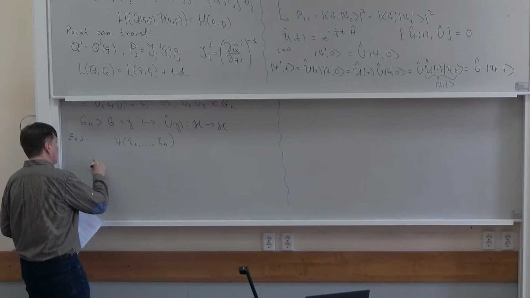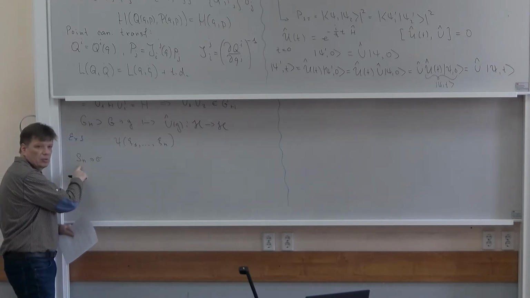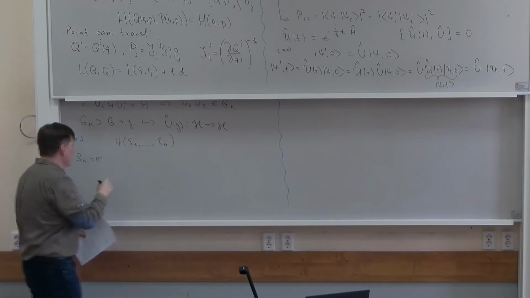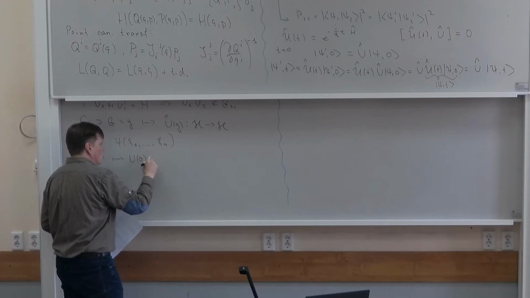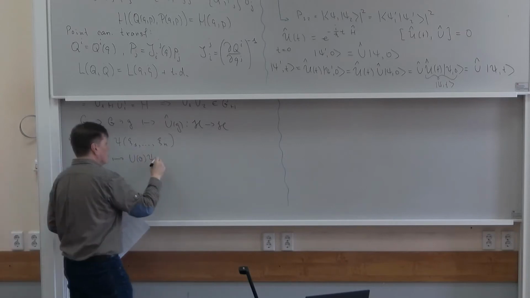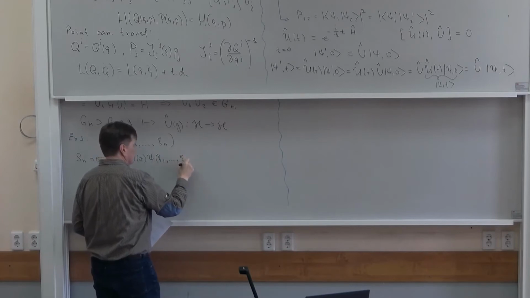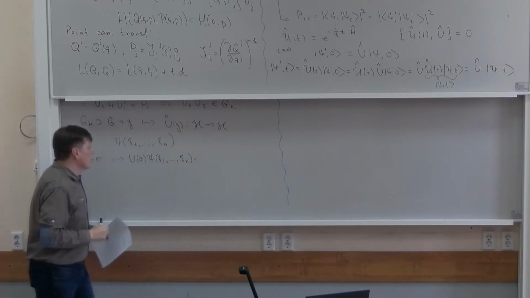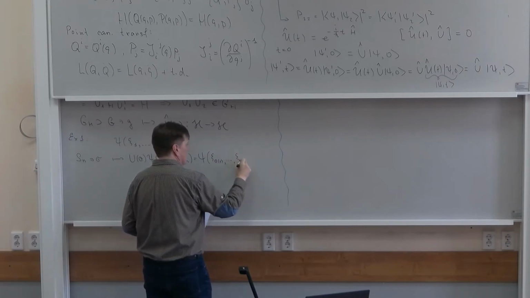So if we take any permutation sigma from the group Sn, the symmetric group, the group of permutations of n elements, then we can associate to it an operator acting in the space of states of the multi-particle system, which acts in this way: psi of sigma 1, ..., psi of sigma n.